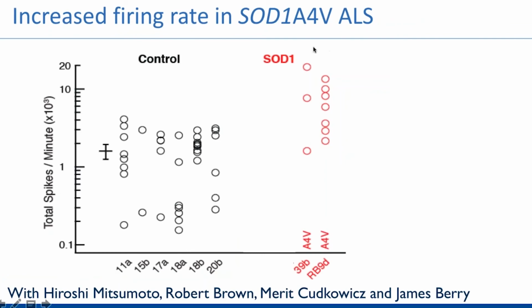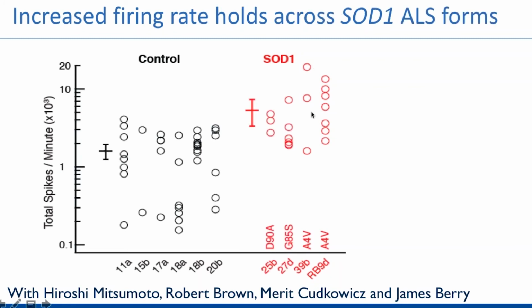And when we repeated our experiment looking at patients with those SOD1 mutations I mentioned before, and compared them to a much larger number of controls, in this case 6 control lines from 5 people, we observed that, consistent with that increased excitability, there was a greater amount of spontaneous activity in these cultures.